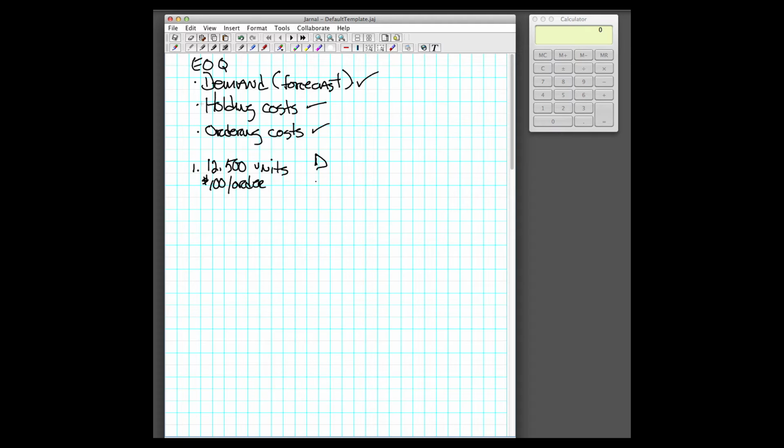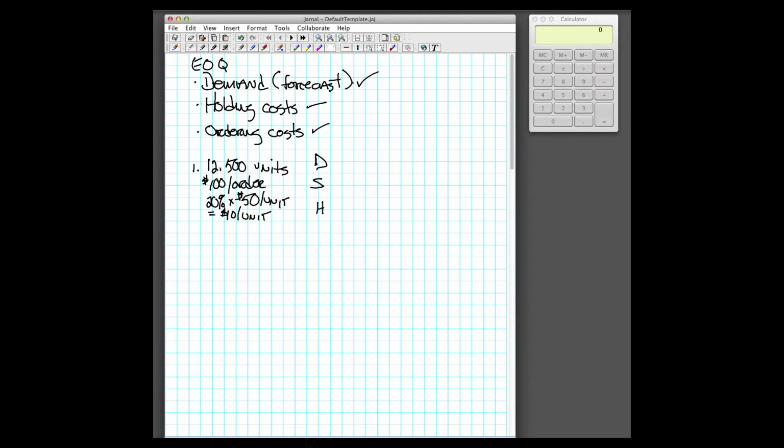We're going to designate that by the variable S. And then last, we're told that when it comes time to hold inventory, Ricky's Oranges estimates that holding costs will be 20% of the unit's value, which they estimate to be $50 per unit. That suggests that holding costs are going to equal $10 per unit. And we're going to designate that as variable H for our problems.